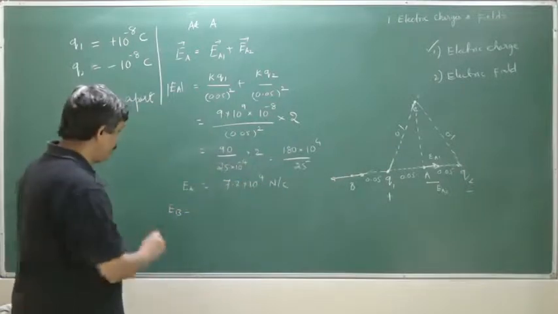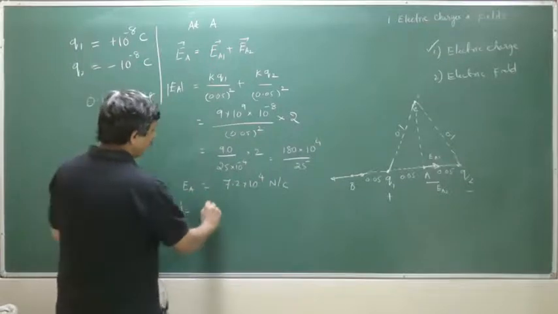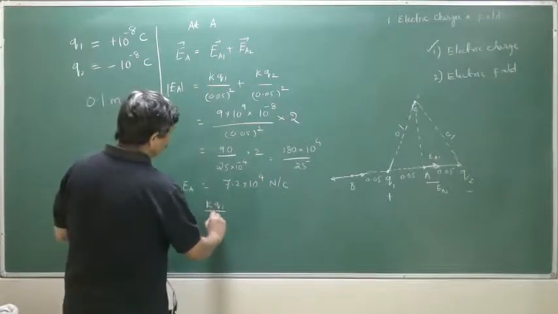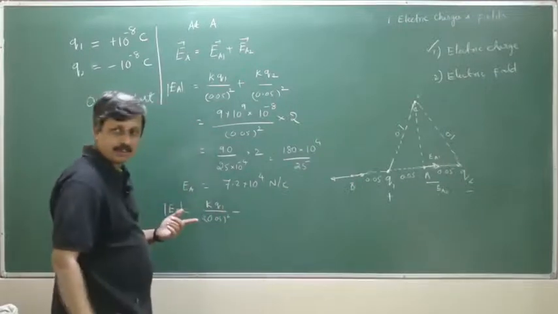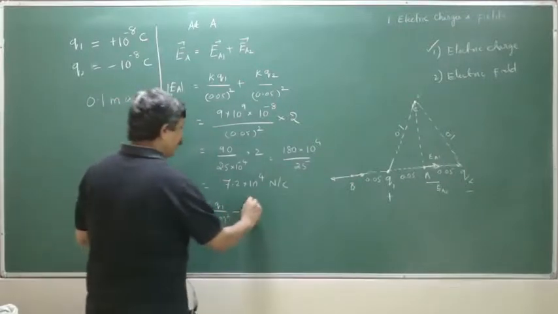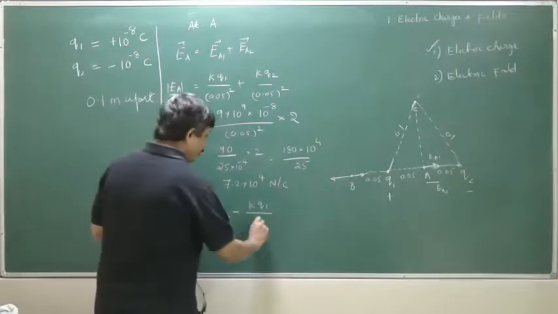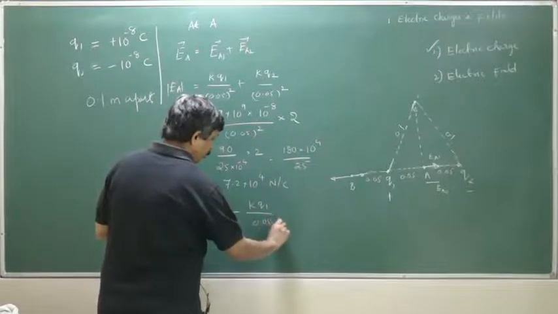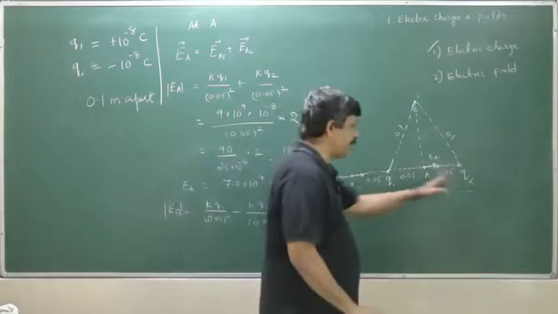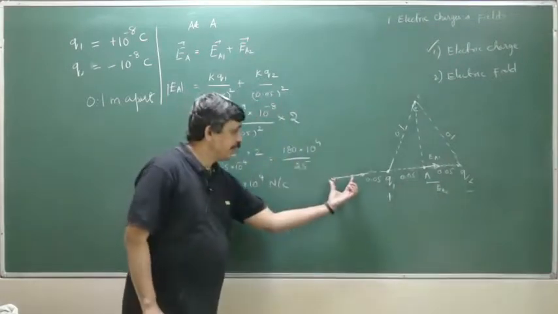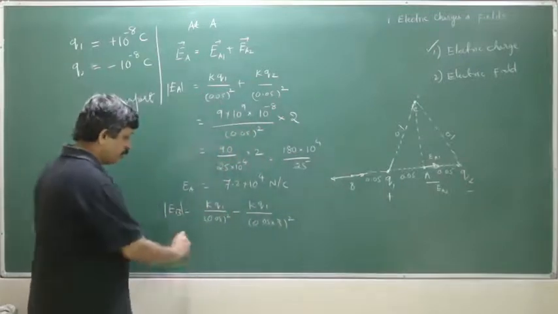So the magnitude of EB is simply equal to KQ1 by 0.05 square, minus, in this direction, KQ1 divided by, the distance is 0.05 into 3, square, from here to here. So I am taking this minus this, and that is what the resultant will be.